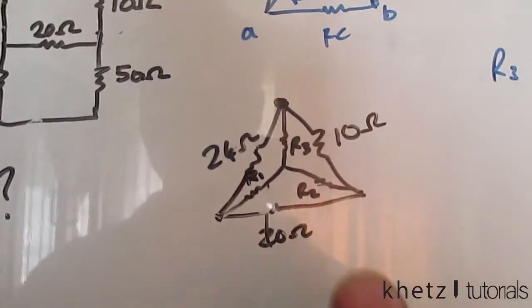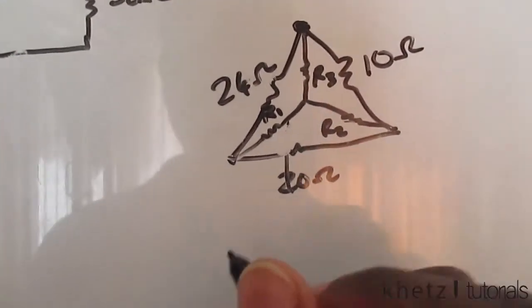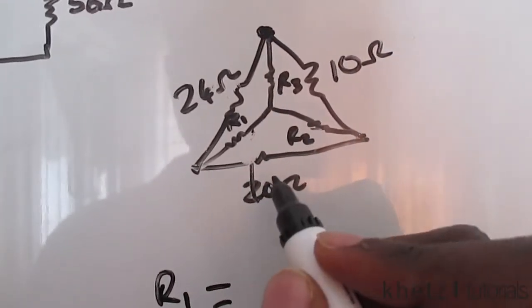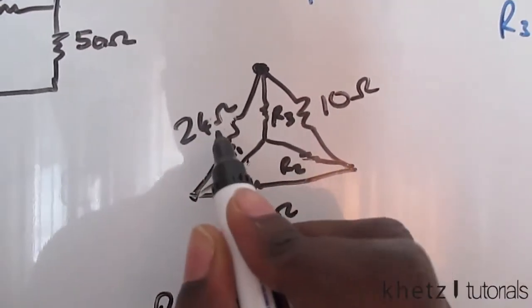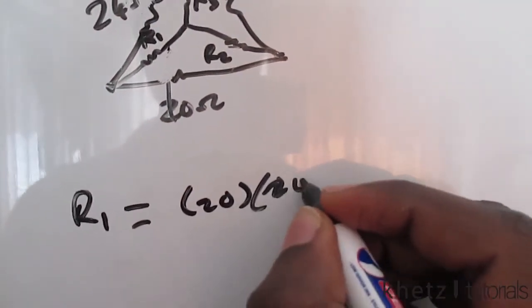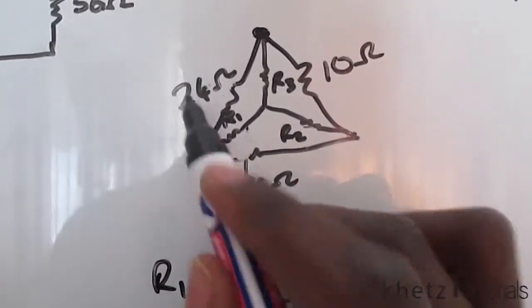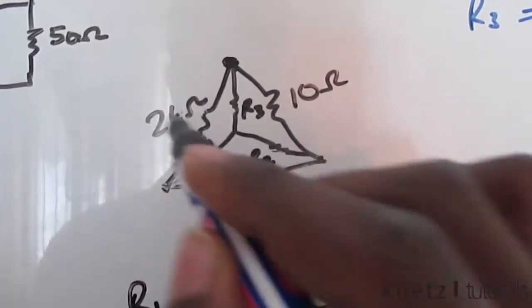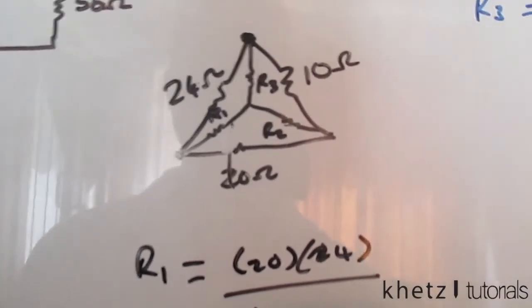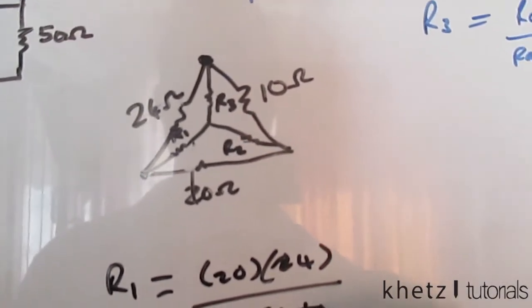So we have R1, which is over here, and it's in between 20 and 24. So 20 multiplied by 24, and then divided by all the resistors present in the delta network: 24 plus 20 plus 10.